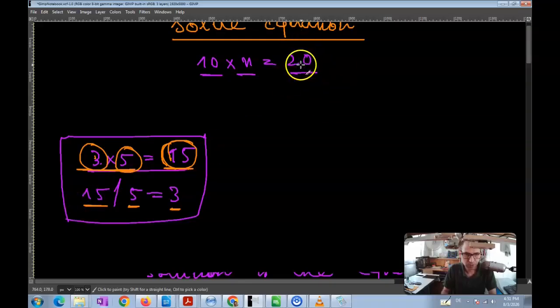So I could write 20 divided by 10, or I could say divided by x. If I write 20 divided by x is equal to the other number, which is 10, this still doesn't let me solve the equation, because I wanted to actually come up with the number, right?